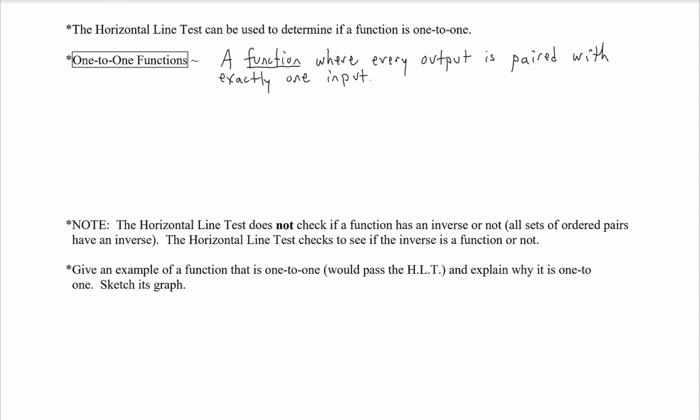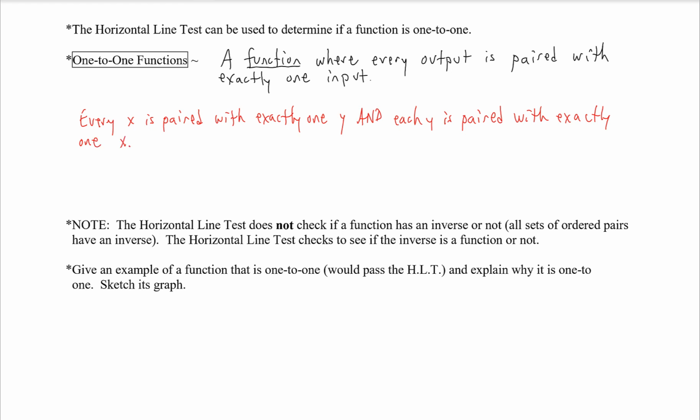So another way to think about this is every x is paired with exactly one y, and each y is paired with exactly one x. So for example, parabolas are not one-to-one.